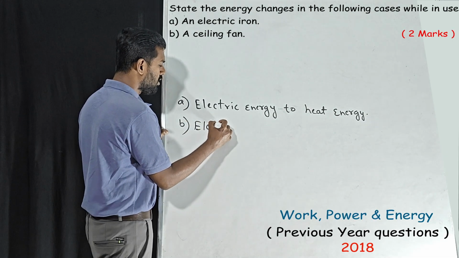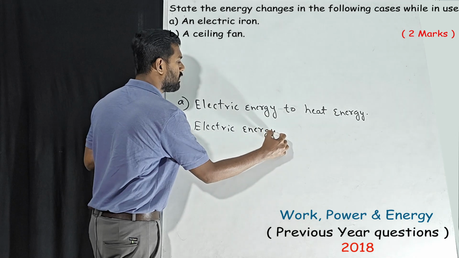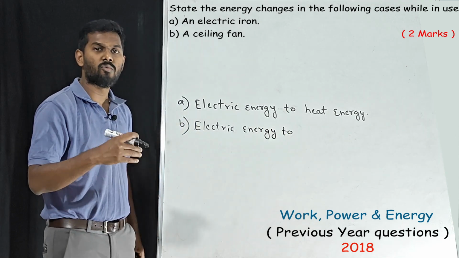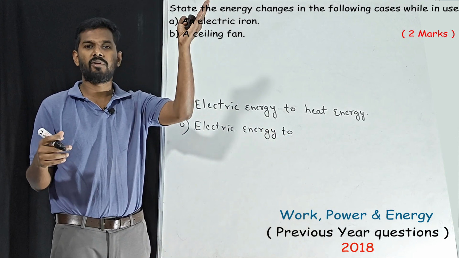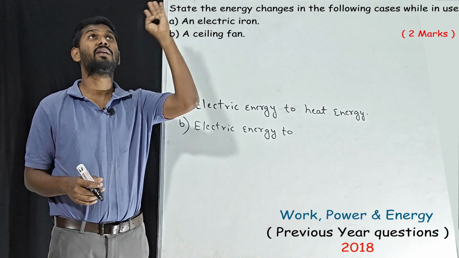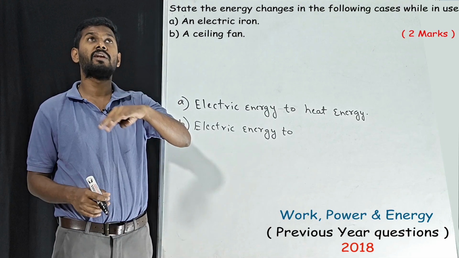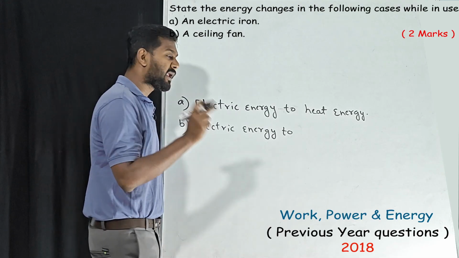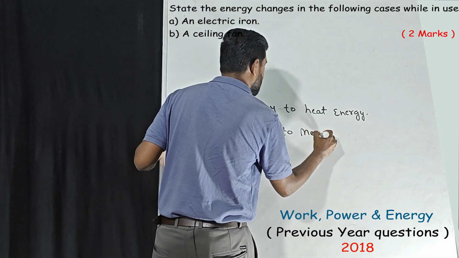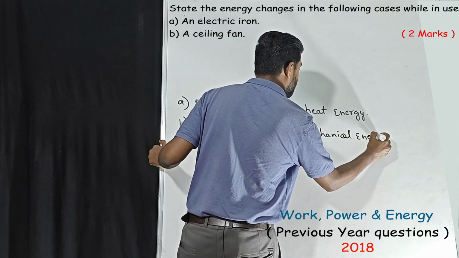So electric energy. What are we getting? We are getting air, correct? So air energy? No. What is happening there? It's moving. Whenever something is moving, we call it mechanical energy.